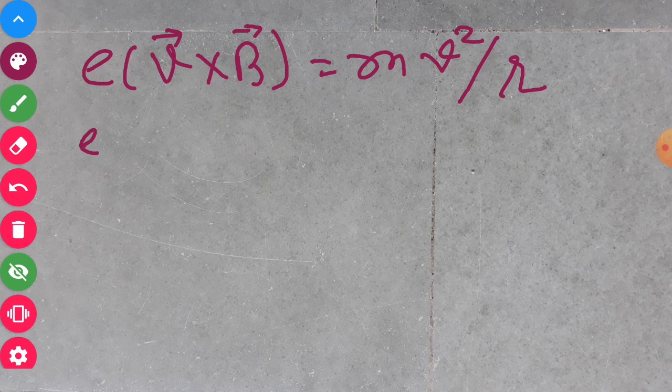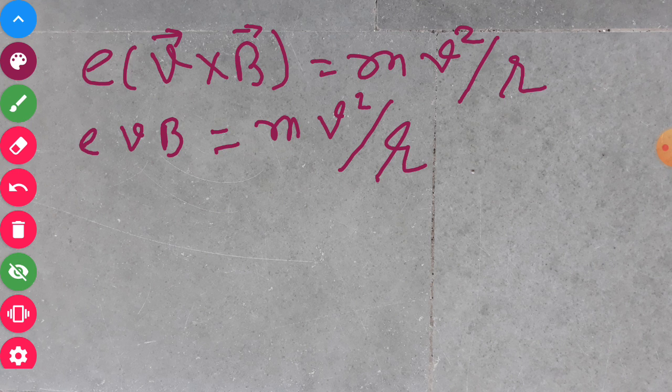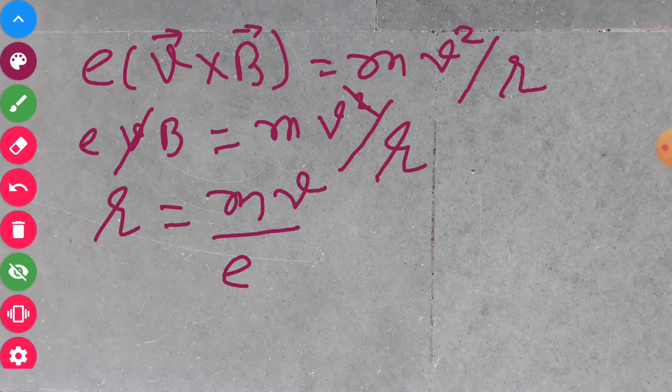Now it is very easy: evB sin 90 becomes evB, because the angle between V and B is 90 degrees, and it equals mv squared upon r. Now v will cancel out, and the radius can be obtained as mv upon eB.